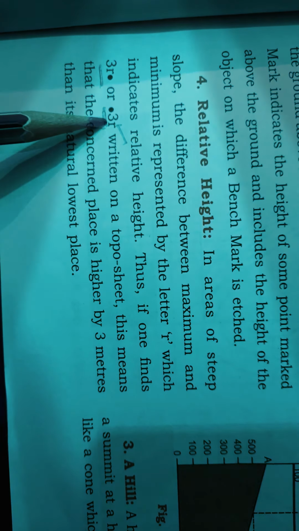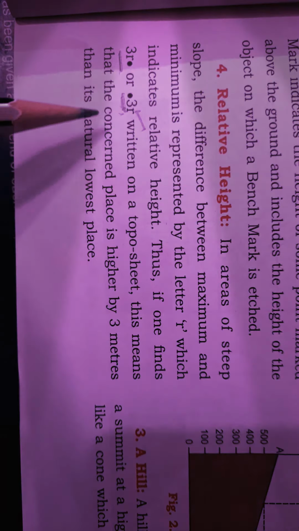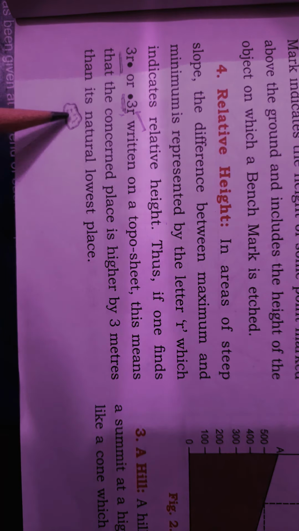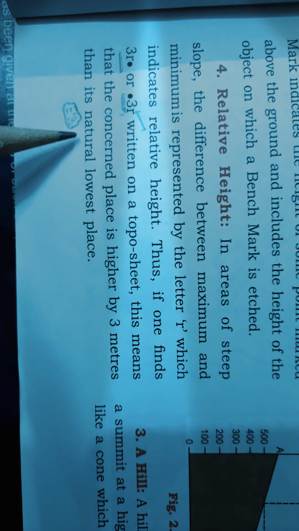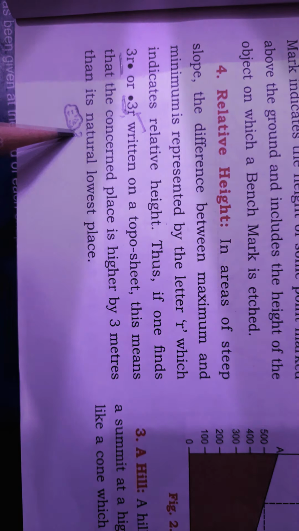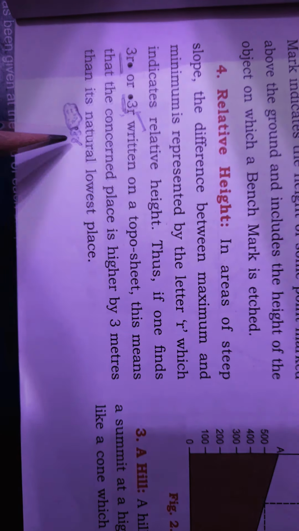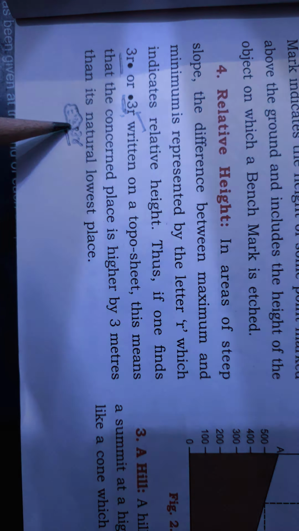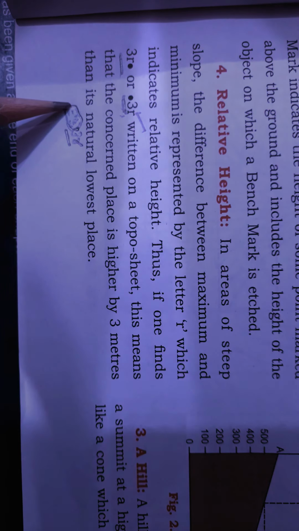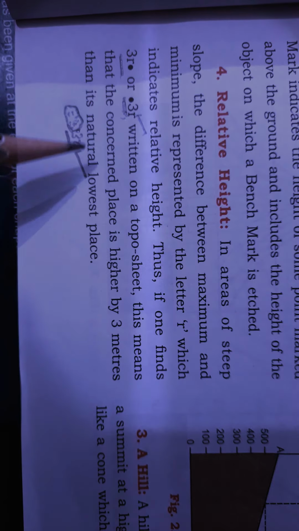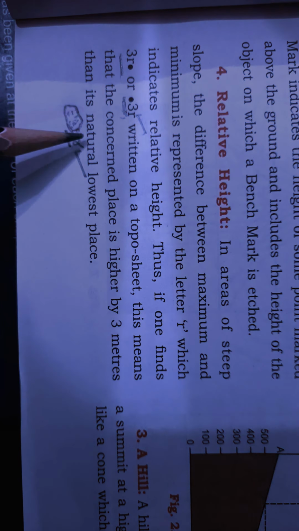For instance, suppose this is a dry tank, this is the symbol of the dry tank, and 3R is written here. So what does it mean? It means the relative height of the dry tank is 3 meters from the nearby area or the surrounding area.